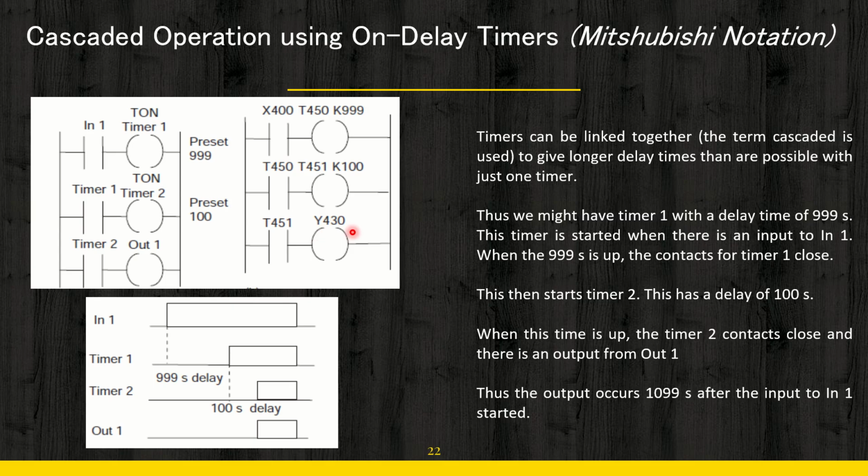So with this type of timer arrangement you can generate 999 plus 100 seconds of delay. If you need a much longer delay which is not available directly with the timers contained in that PLC, you can definitely cascade the timers to get a longer duration of delay.